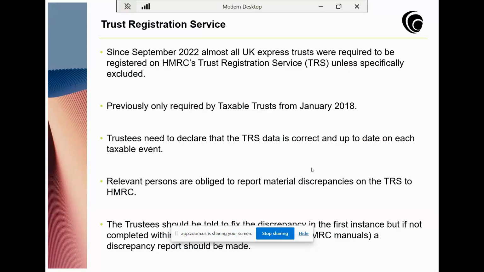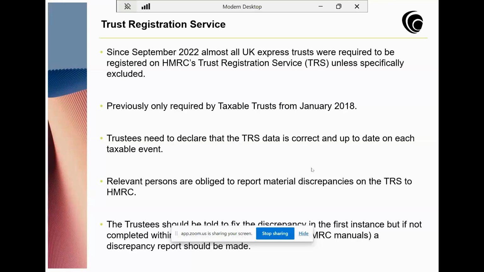UK relevant persons, which include accountants and tax advisors and legal professionals, have an obligation when starting an ongoing relationship with trustees to ensure there are no material discrepancies on the TRS. So this includes if it's not registered, if the details are wrong or there's missing information. If it's just a spelling mistake, that's not a material discrepancy.